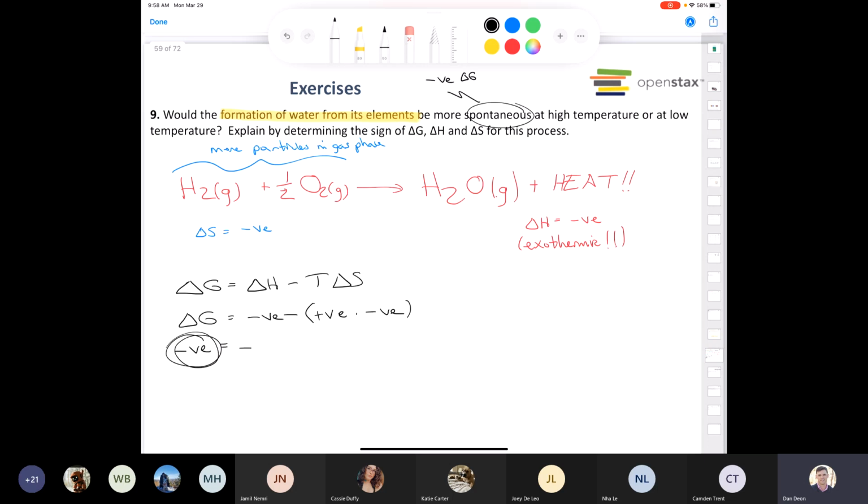You're taking a negative number and you're subtracting a positive times a negative. So you want this term to be as small as possible. Smaller will provide a more negative delta G, right?